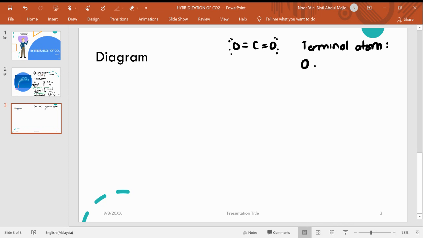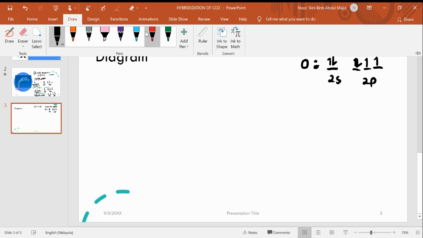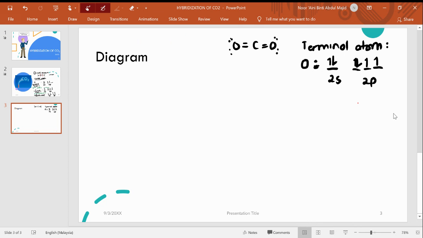Therefore, it is just the same orbital diagram. 2s and 2p. Oxygen has 6 valence electrons. So 1, 2, 3, 4, 5, 6. If we refer to the Lewis structure, it tells you that one bond is sigma and the other one forms pi. So this will form sigma and the other unpaired electron will form pi.